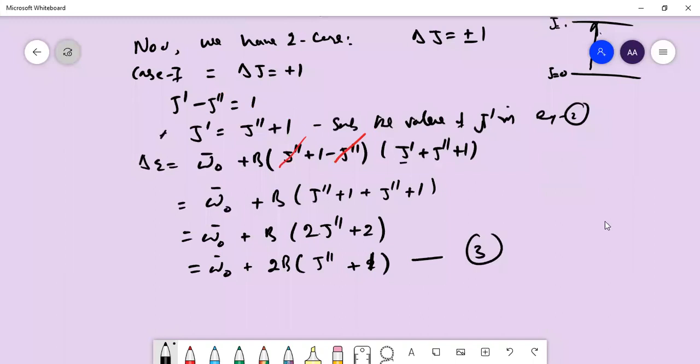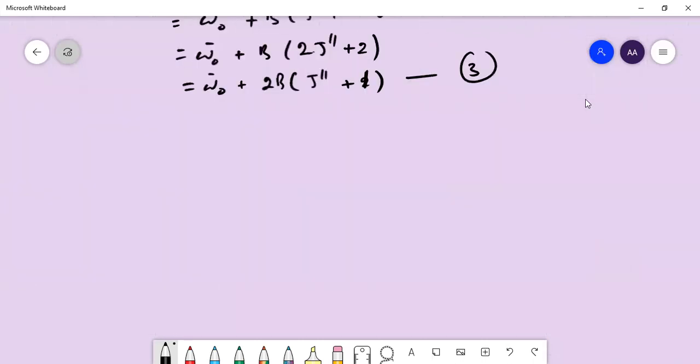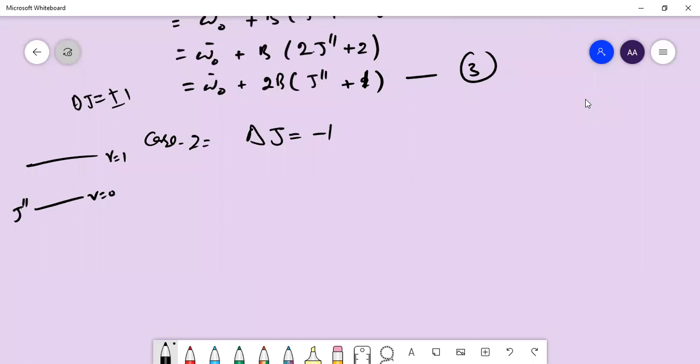So in the first case, what we have done is we have substituted the selection rule for our rotational diatomic molecule, which is delta J equal to plus minus 1. In the second case, I will consider delta J equal to minus 1. That is, our molecule is returning from a higher state to a lower state. So this is V equal to 0, this is V equal to 1, this is our lower J, and this is our upper energy level.